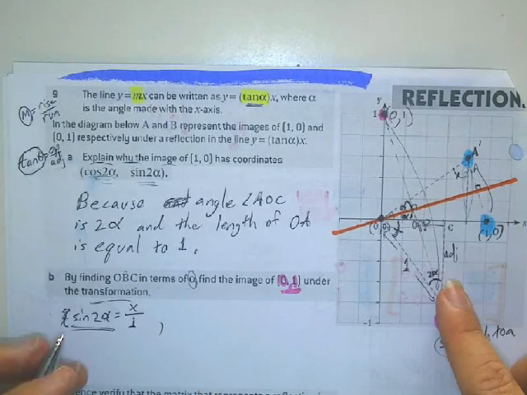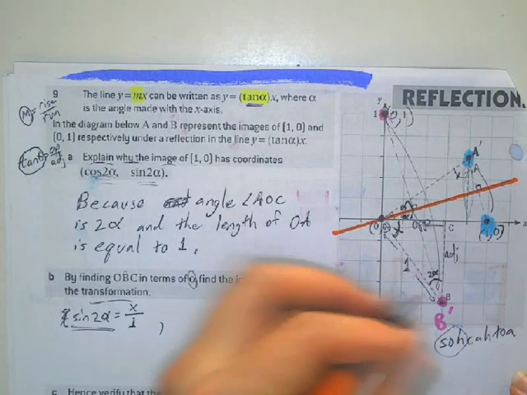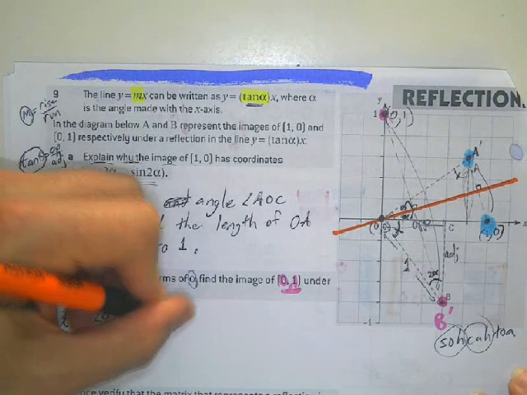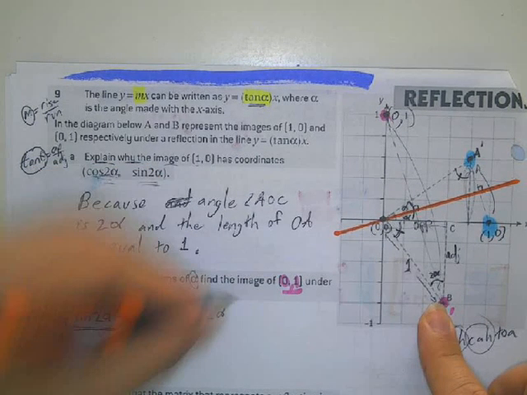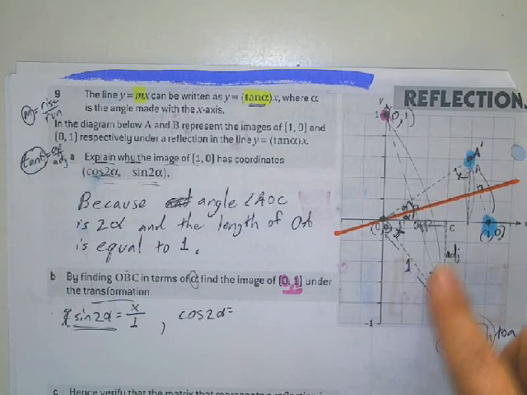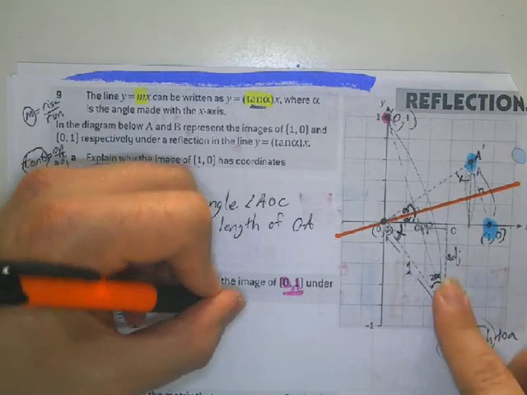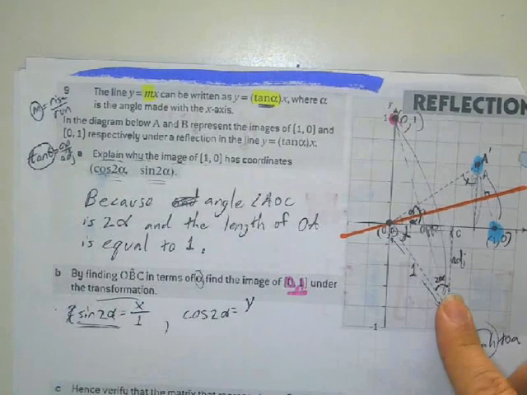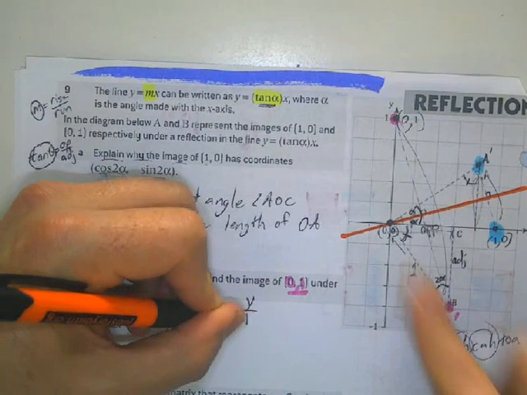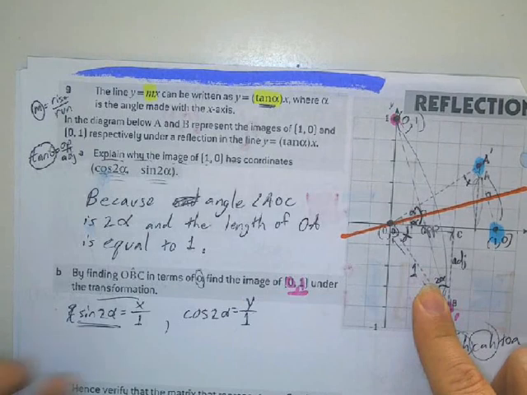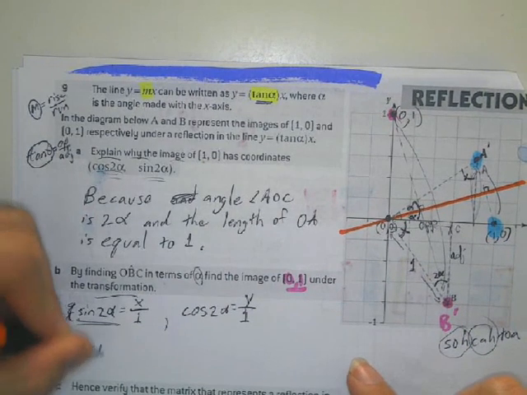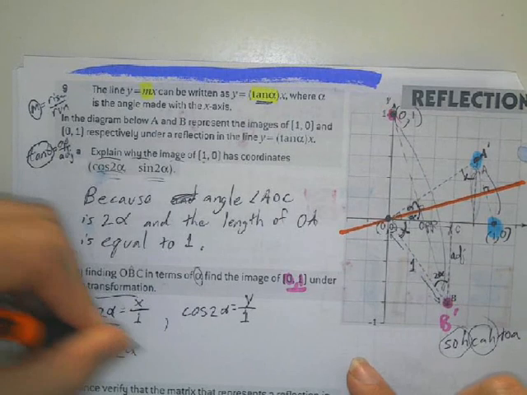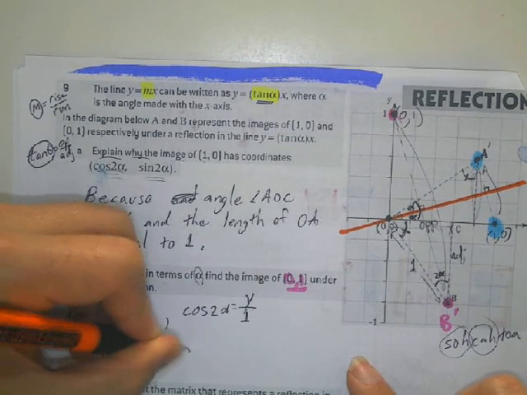And if I'm dealing with adjacent and hypotenuse, I'm going to say cosine. So we can say cosine 2 alpha, because that's this angle, is equal to adjacent. This adjacent side is y, from there to there is my y distance, over the hypotenuse, which is a length of 1. So now I can write this coordinate as sine 2 alpha, comma, cosine 2 alpha.